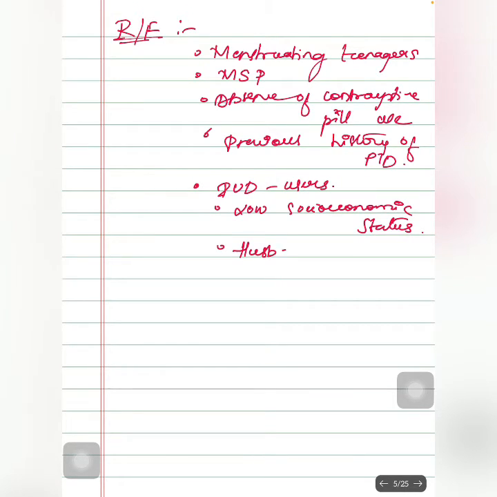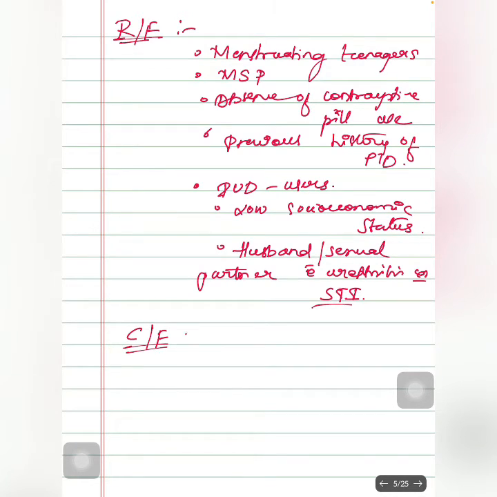Next you will see a husband or sexual partner with infection like urethritis or sexually transmitted infections. So these are the main risk factors here. If they are there, then there is a chance of recurrence of this acute pelvic infection.